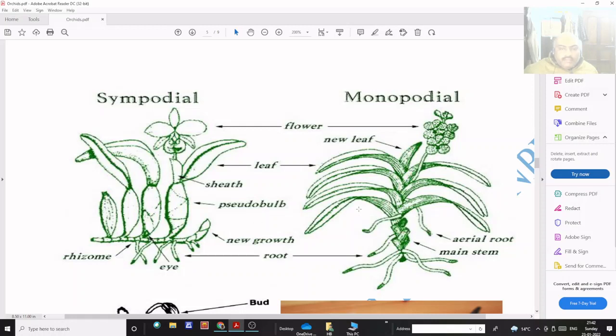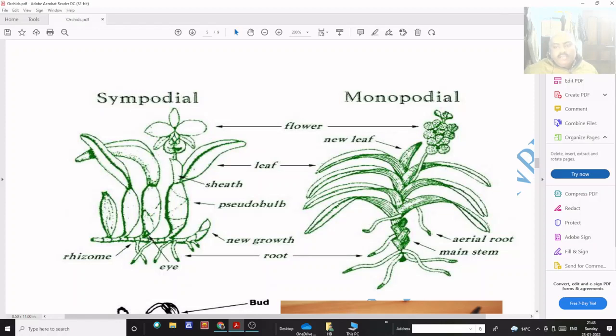This image before you shows the differences between sympodial and monopodial orchids. As I told you earlier, sympodial orchids have underground growth, which is known as rhizome, and from the rhizome a vertical growth takes place in the form of pseudobulb. From this pseudobulb, leaf and inflorescence occur.